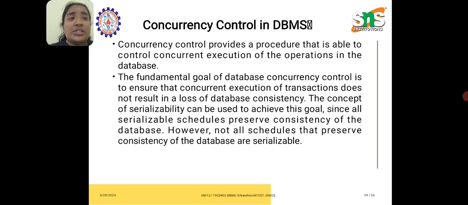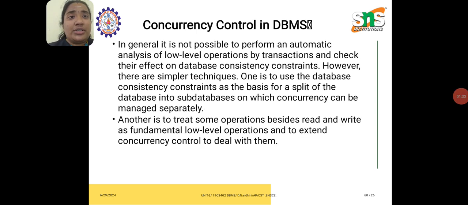Because not all schedules that preserve concurrency of the databases are serializable. Next, in general, it is not possible to perform automatic analysis of low-level operations because the transactions check their effects on databases.